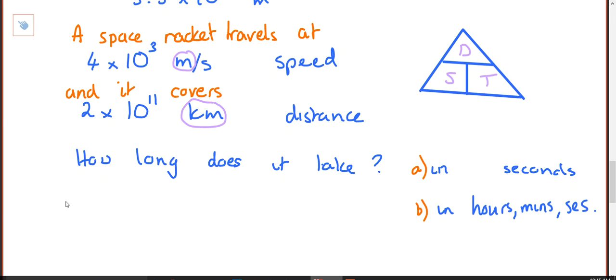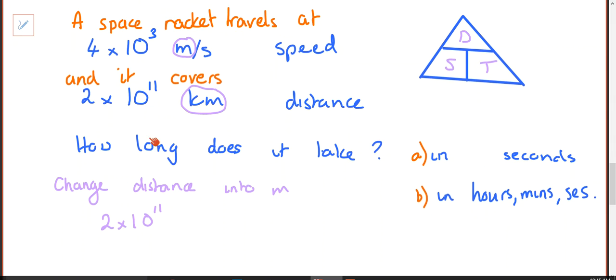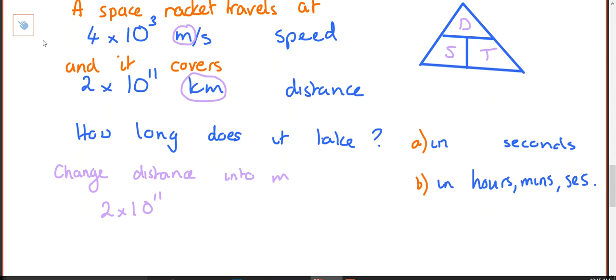Okay, so let's change the distance into meters. So we've got 2 times 10 to the power of 11 kilometers. What do we do to turn kilometers into meters? Times it by 1,000, which we could do by timesing by 10 to the power of 3, keeping our methods consistent.